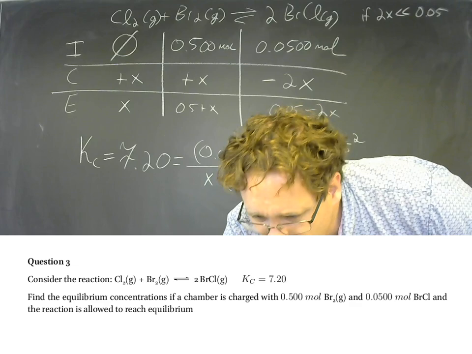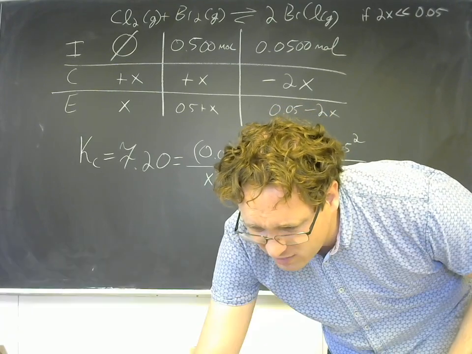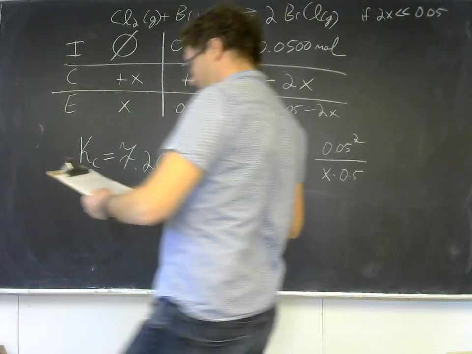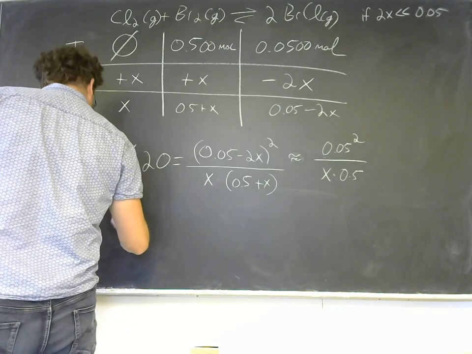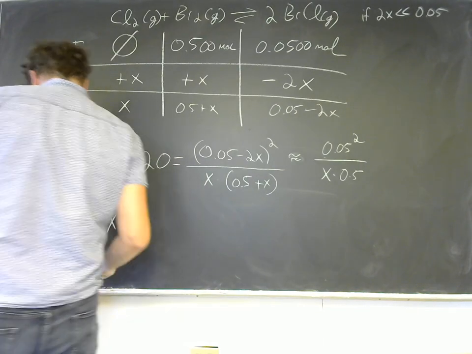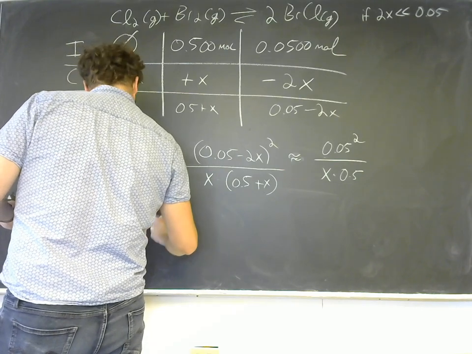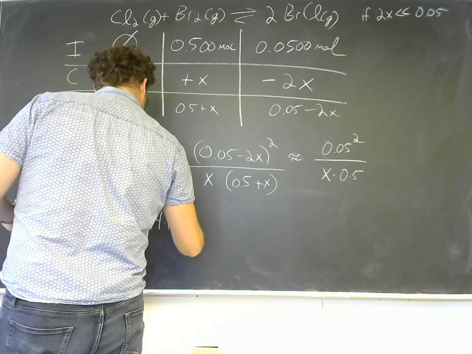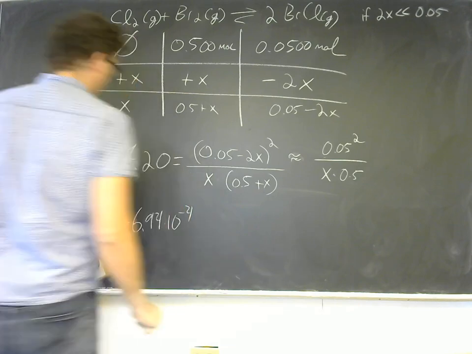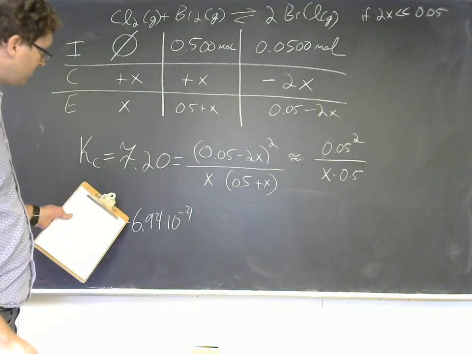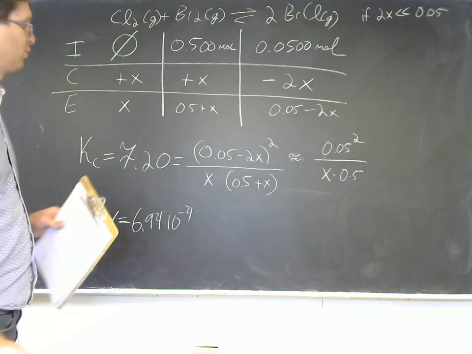Let me get my chalkboard's bottom part back here. Okay, we can solve that and find that x is equal to 6.94 times 10 to the negative fourth. Now, let's make sure that our assumptions work.